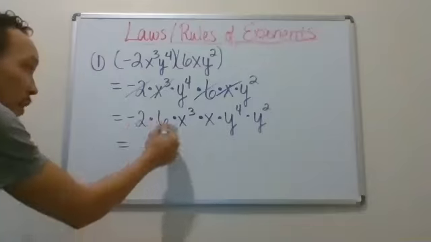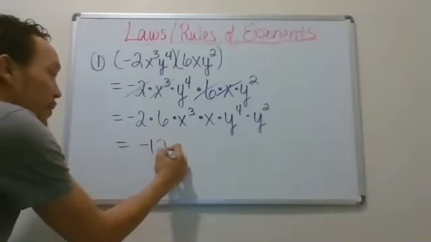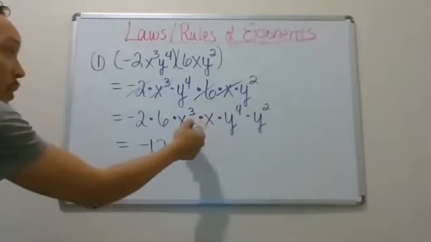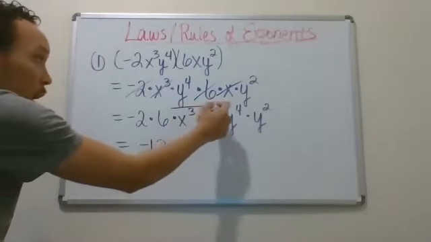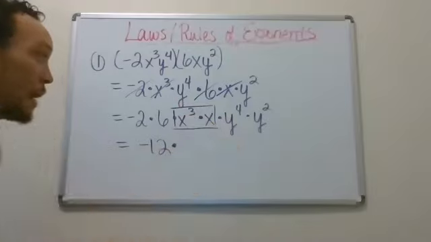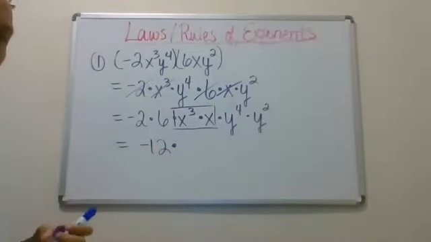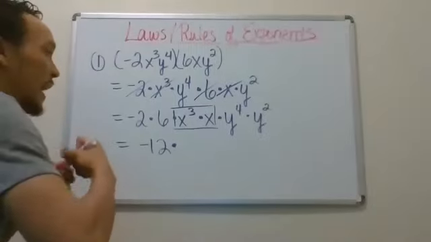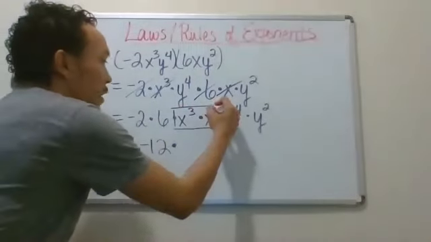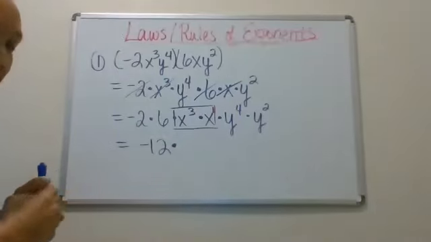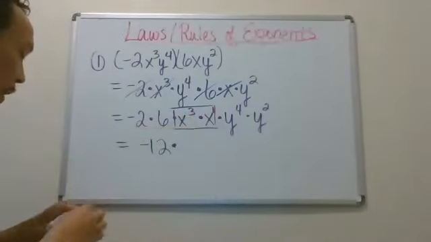So now we just simply simplify. We know -2 times 6 is going to be -12 times, now we're going to use product law because we are multiplying the exact same bases together. Well, we know that x is the same thing as saying x to the 1st power. And by product law, what it says is we're going to add the exponents.